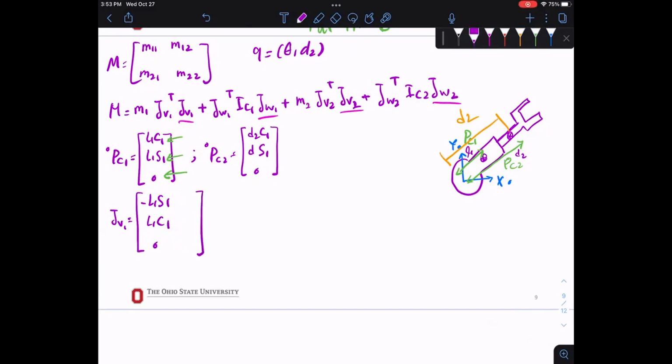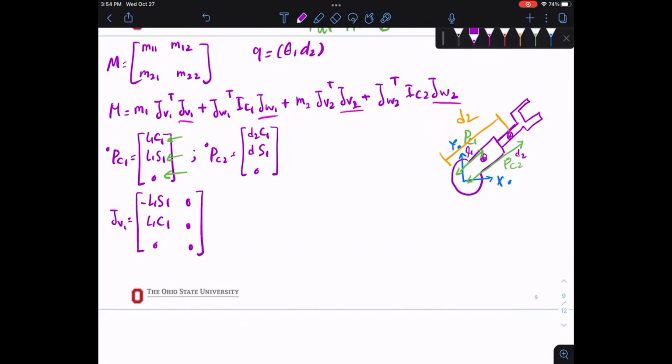We have 2 links, right? So we are going to place 0 for the second column because we know the dimension of our Jacobian. We should know. Remember, the columns are the number of links or joints you have.